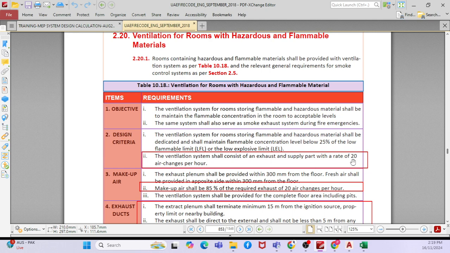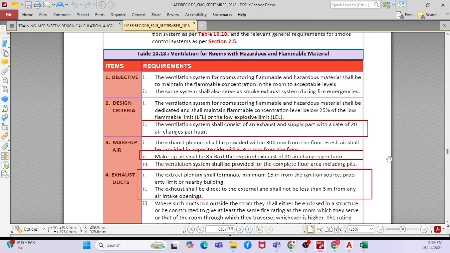Just before you go forward, these rooms with hazardous and flammable materials, would they be applicable to rooms like battery rooms or generator rooms? A battery room is not basically a hazardous material.